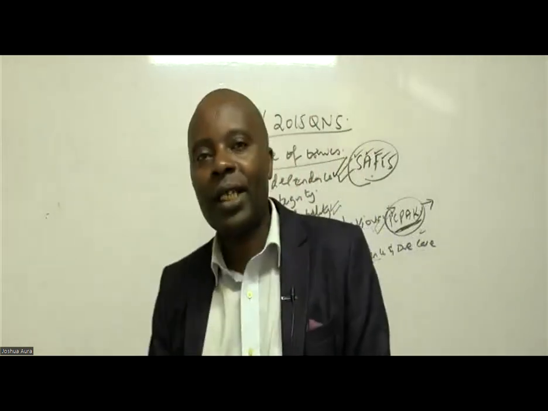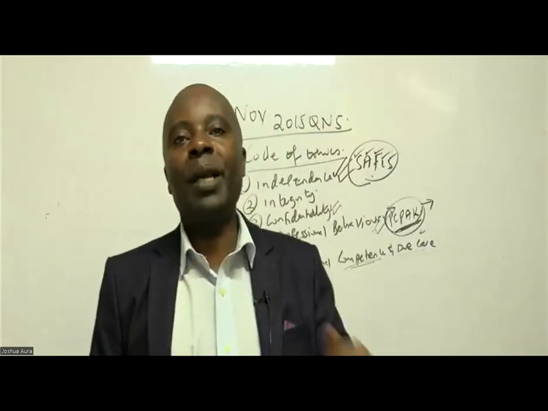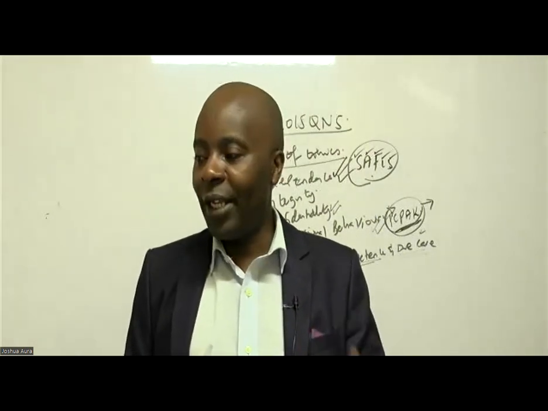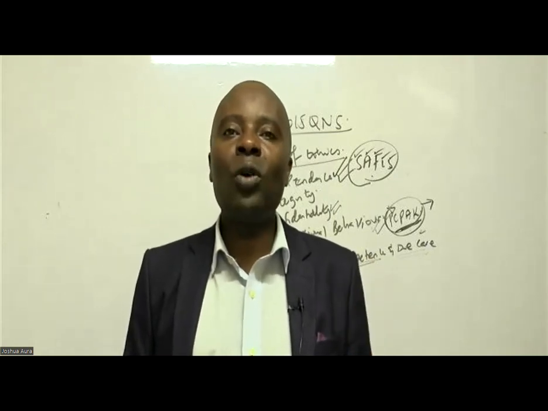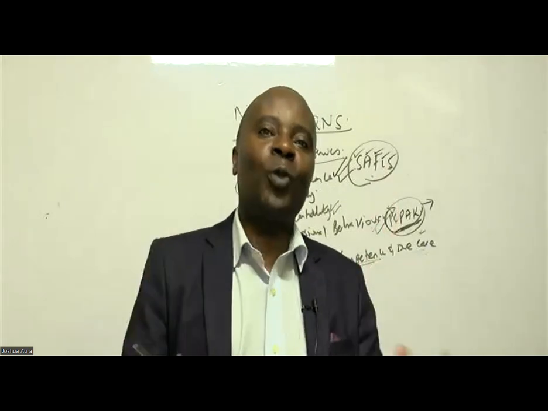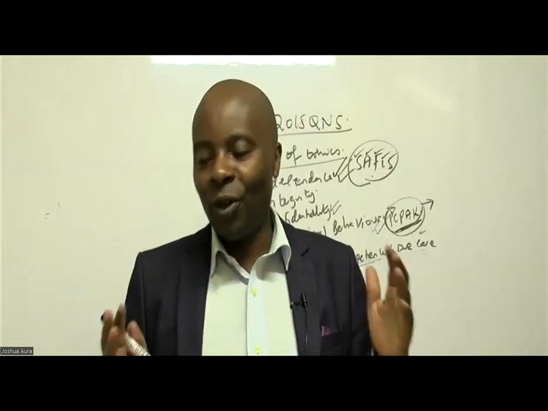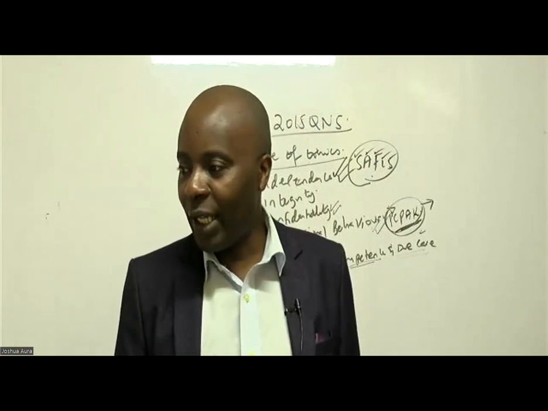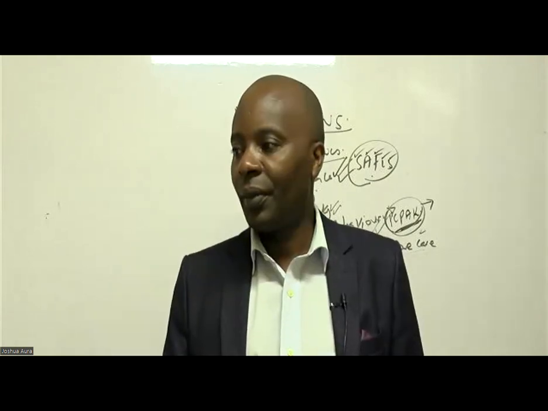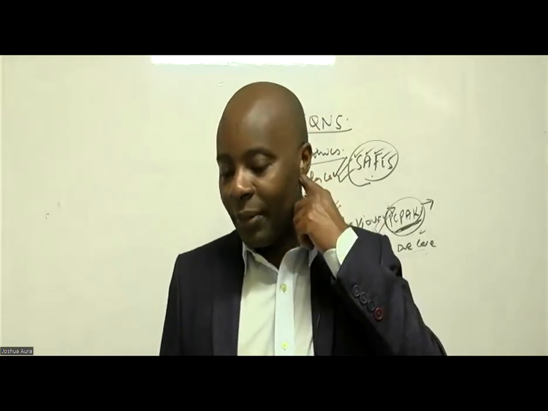Once you mention that, and remember you are describing this in paragraph format, then you will be able to get all the marks. Remember, students fail in this particular paper simply because they don't know how to structure their answers. So, ladies and gentlemen, we have come to the end of this.